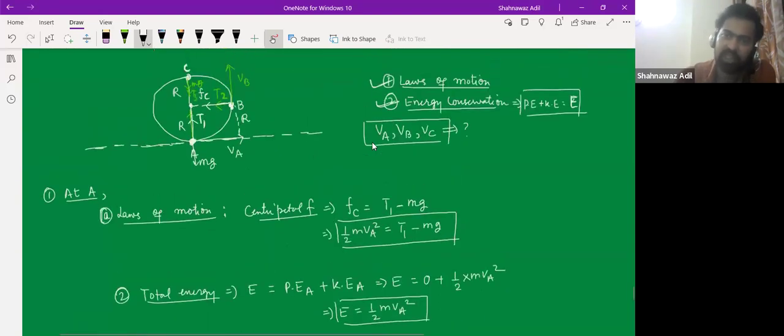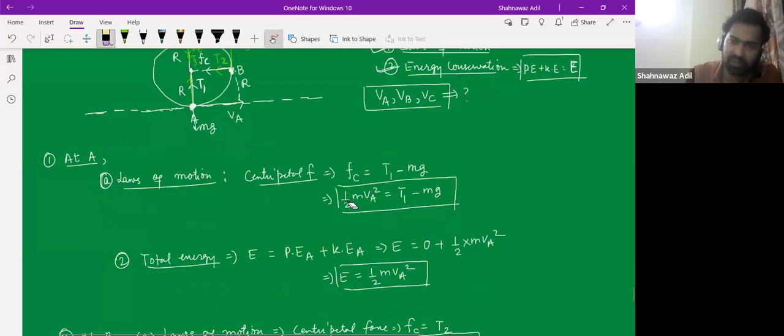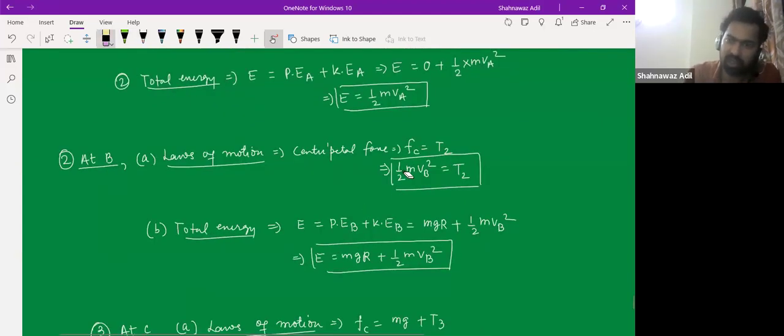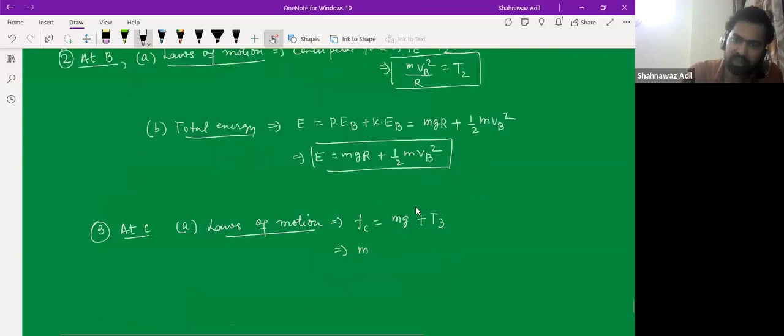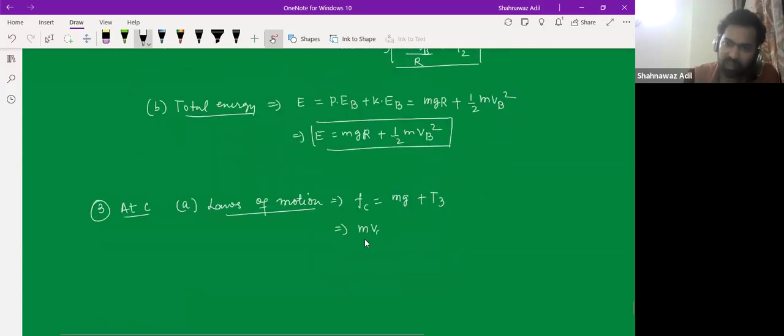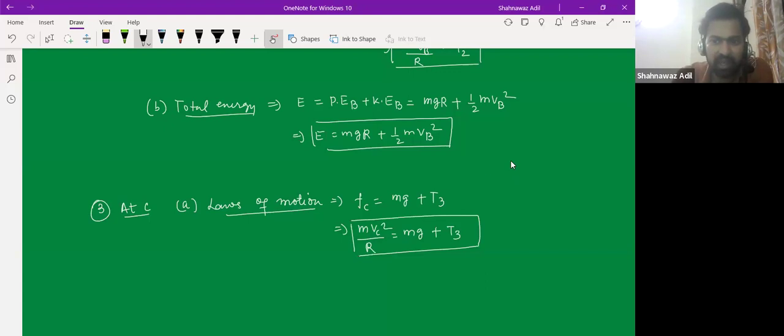This is not half mv square, this is mv square by r. That is kinetic energy. So mv square by r, and then this is also mv square by r. Why didn't you guys correct me in here? And then I have this thing mvc square divided by r, and then mg plus T3. Right, so these are the conditions that I have.